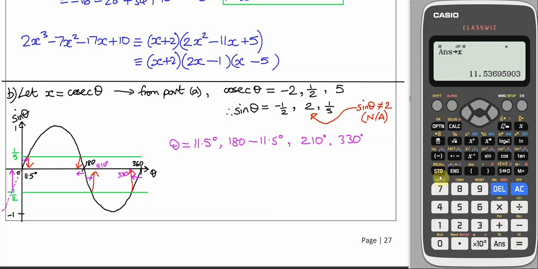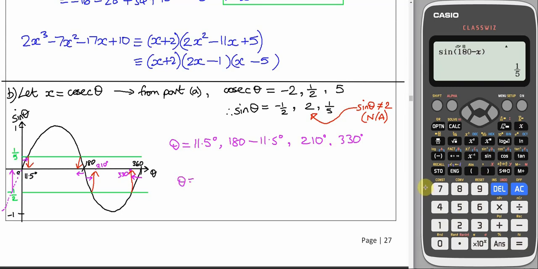Let's just check, go to recall. Yep, x is 11.5. So sine x should give me 1/5, and it does. So let's check this other one. Sine of 180 minus that. And there we go. So we can be completely confident that all four answers are correct.